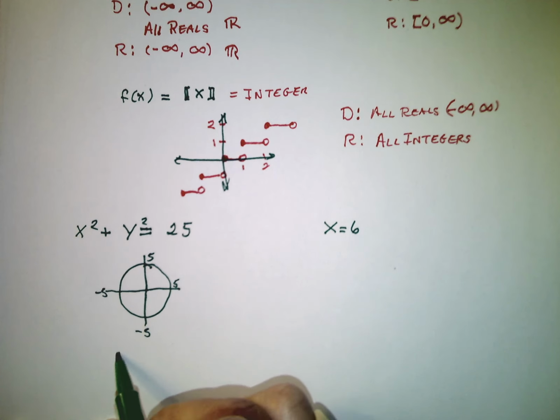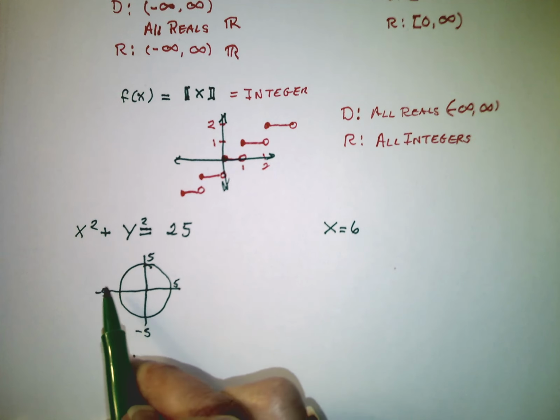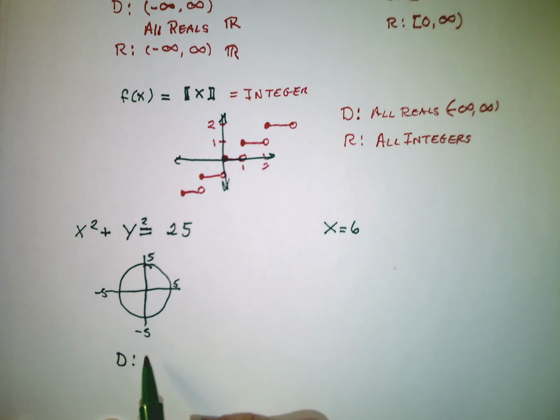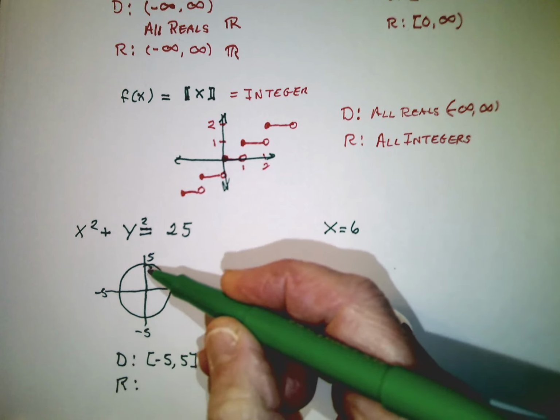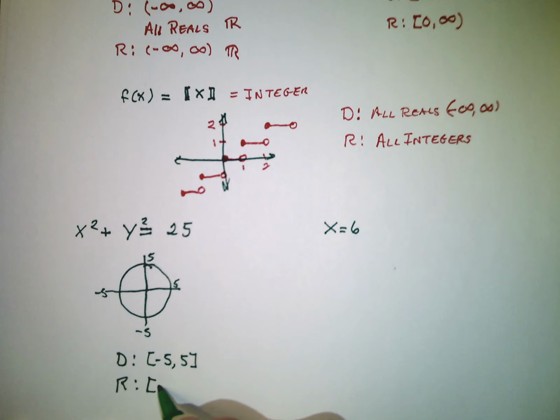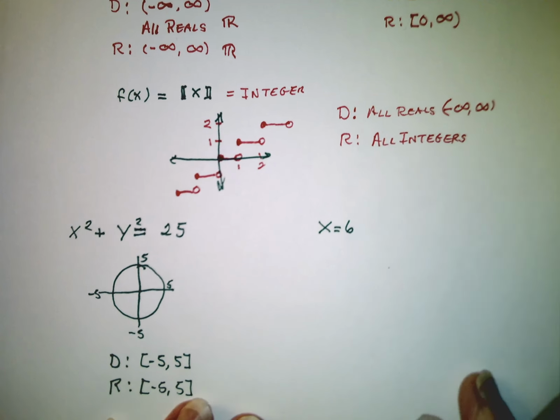So the domain is going to be the spread of the x values. How low did they go? How high did they go? And they go from -5 to +5. The range. How about the y values? Going from bottom to top, lowest to highest, would again be -5 to +5.